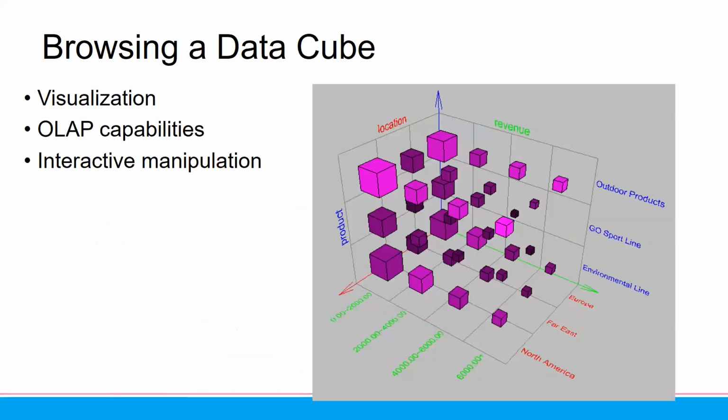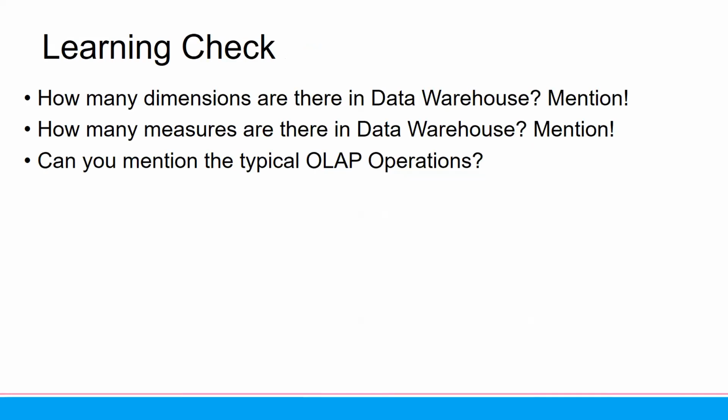You can also browse the data cube with visualization, with the OLAP capabilities, with interactive menu manipulation. So at least until now you understand the data warehouse and how many dimensions there are in data warehouse.